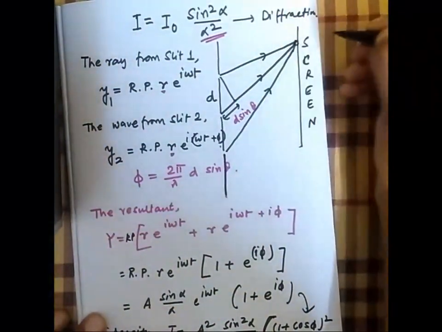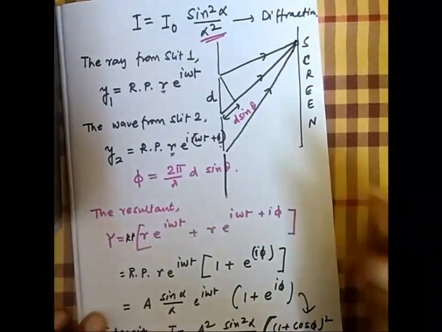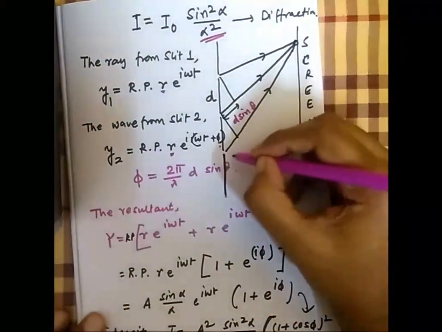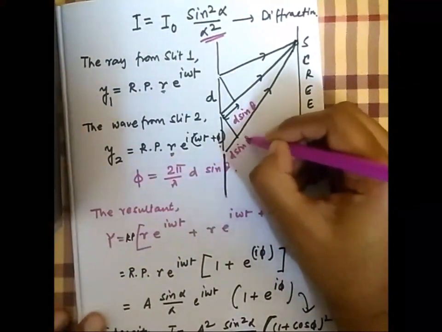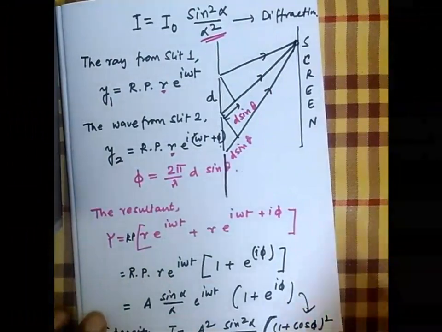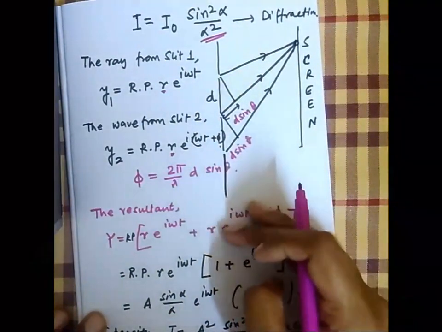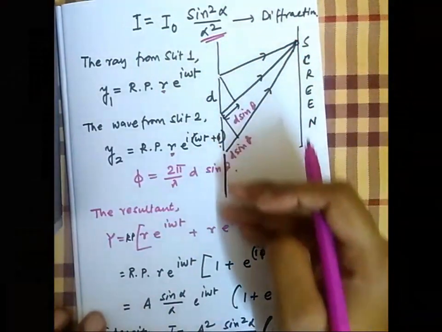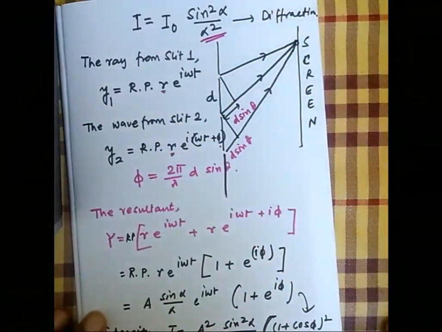And they will also meet here on this point, and there will be further path differences like this, and this again will be d sine theta. So why only 3? Add one more, 4 or 5 or 6, so you can go on adding n number of such slits together.